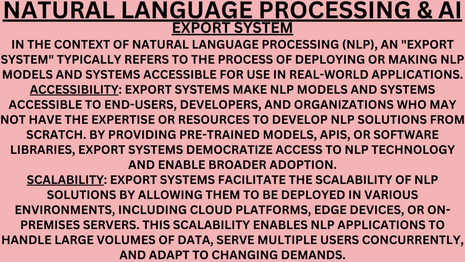Export systems make natural language processing models and systems accessible to end users, developers, and organizations who may not have the expertise or resources to develop natural language processing solutions from scratch. By providing pre-trained models, APIs, or software libraries, export systems democratize access to natural language processing technology and enable broader adoption.